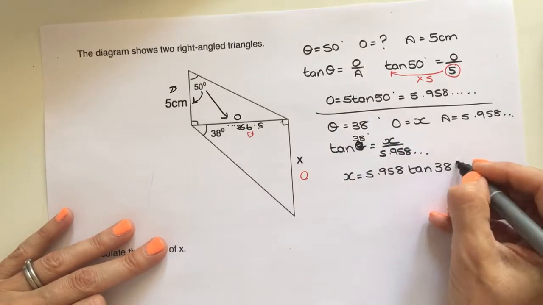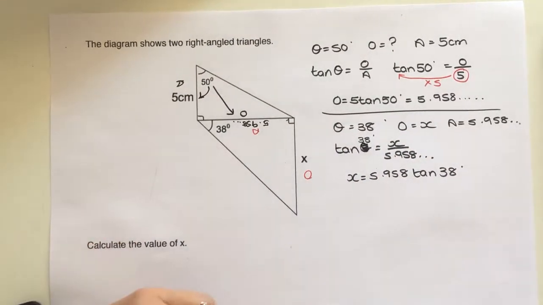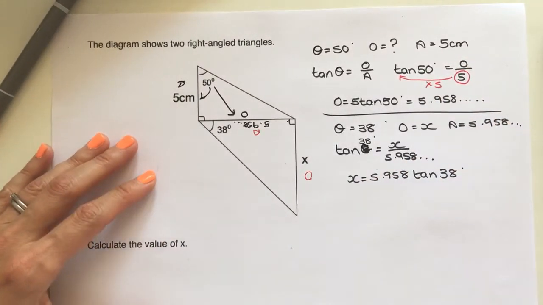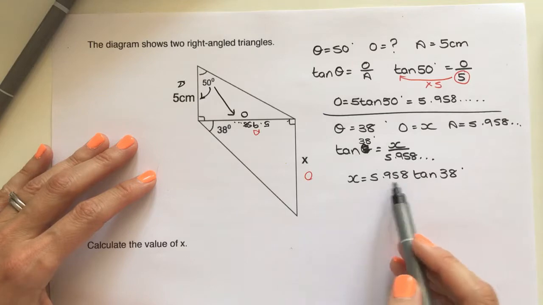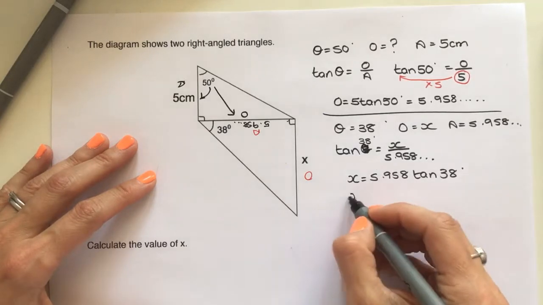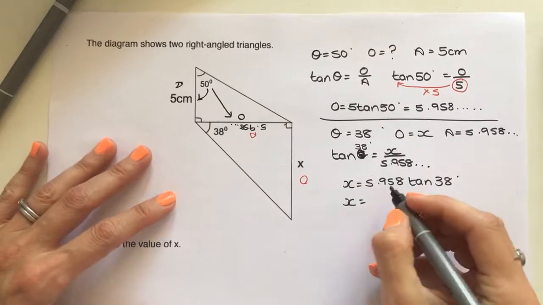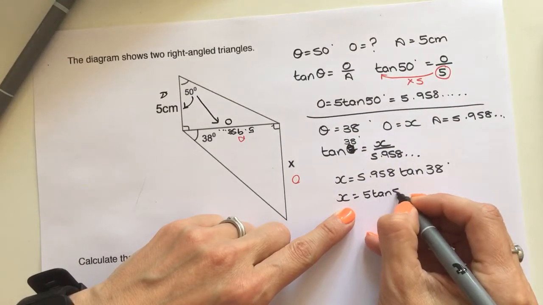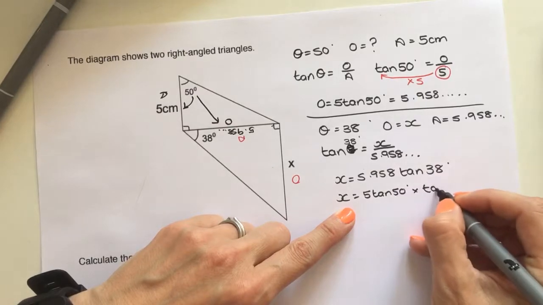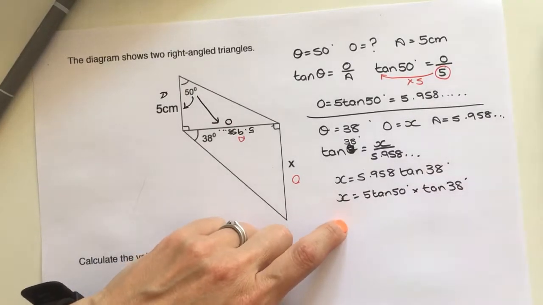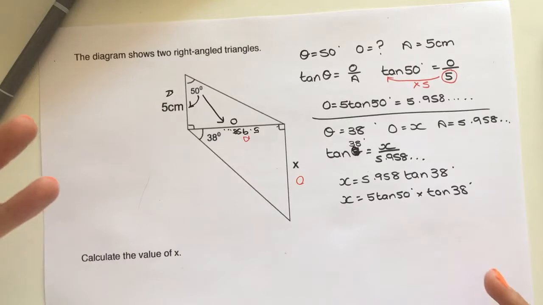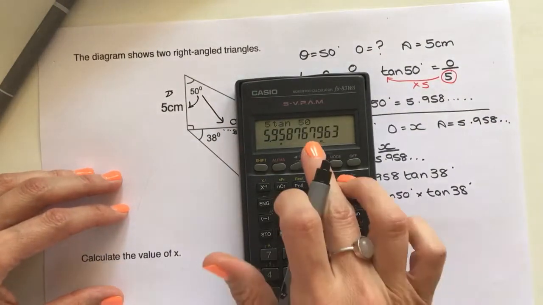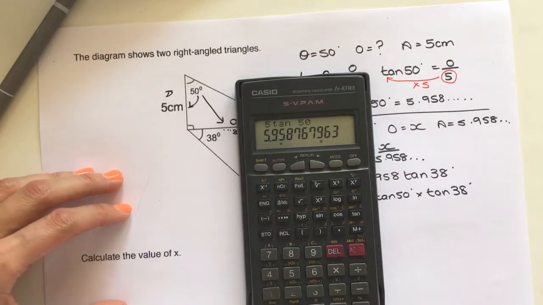Tan 38. Now, to make sure that you don't lose accuracy marks, you need an exact value for this. So when we try and put this in our calculator, you can either reference it again as this, multiply by tan 38 and put it in your calculator, or you can use your answer key on your calculator, or you can have had it there since you worked it out in the previous question.